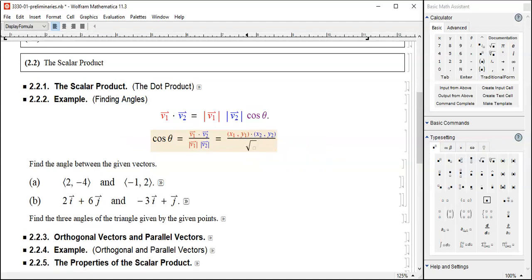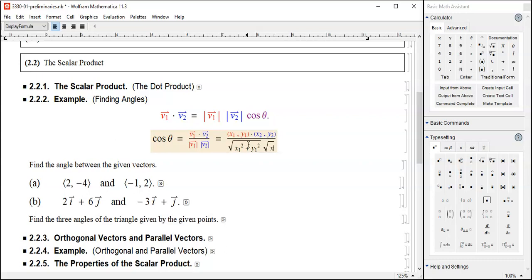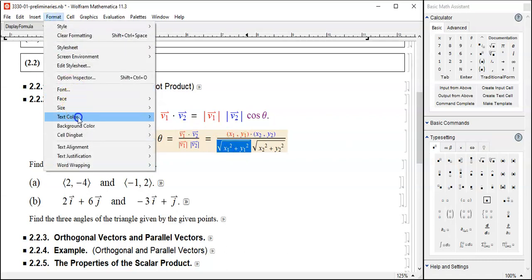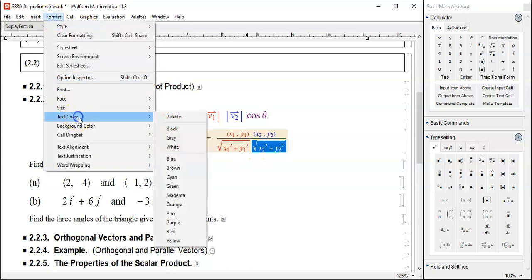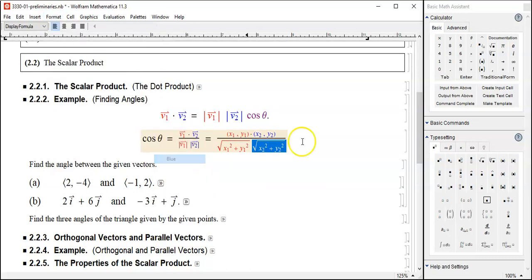And that's square root of x1 squared plus y1 squared times x2 squared plus y2 squared. And this is red, it's coming from V1. And this is blue, it's coming from V2.